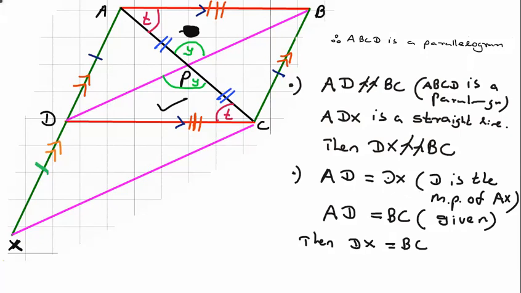Right. So it was initially marked, so there's nothing to mark now. But the only thing, I put one bar here. Can you see one bar here and one bar here? I put that initially, but now what I did was I told my examiner or the one who marks, how do I know that DX is equal to BC?